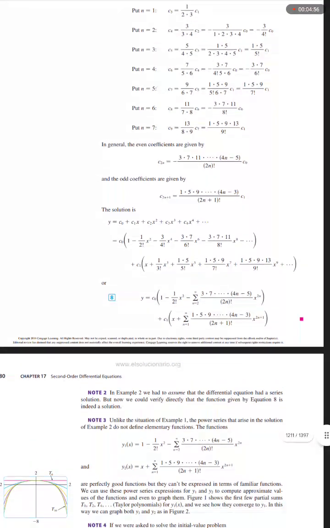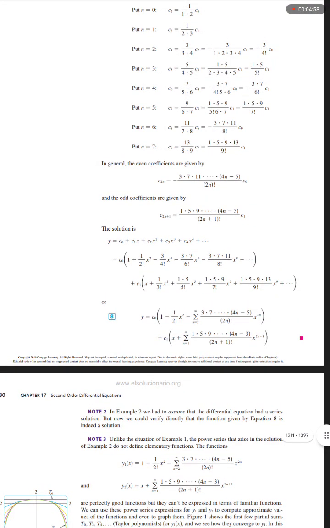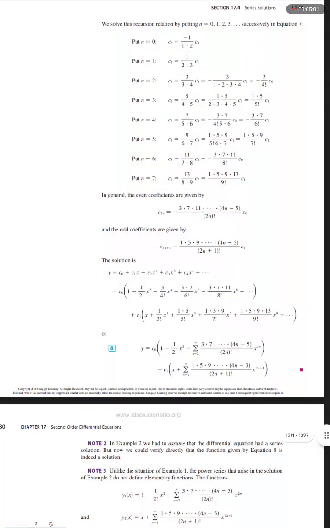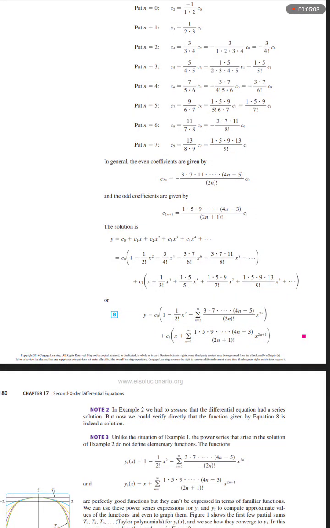Put n equals 1, c sub 3 equals 1 over 2 times 3 times c sub 1. Put n equals 2. C sub 4 equals 3 over 3 times 4 times c sub 2 equals negative 3 over 1 times 2 times 3 times 4 times c sub naught equals negative 3 over 4 factorial c sub naught. Put n equals 3.